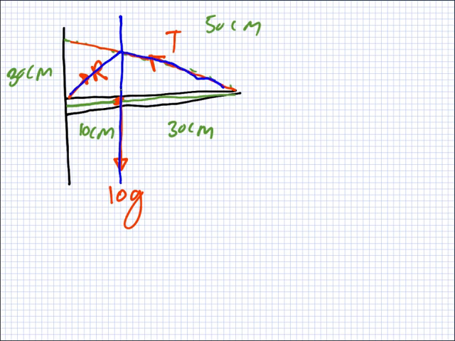Okay, so if I look at this triangle, what do I know? I know that this side is 10, don't I? Yeah. This is 30. Ooh, so I could know this. Could anyone tell me what this length is? Anybody know this length?